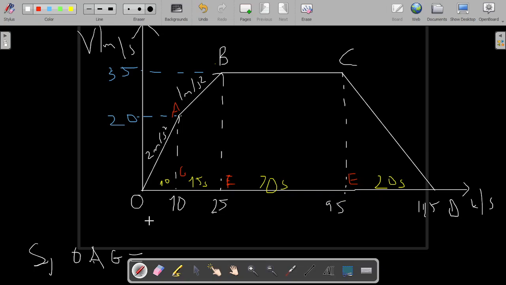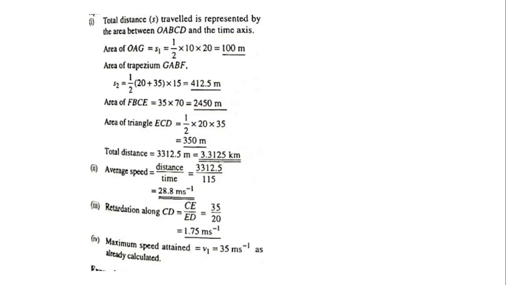You have 100 meters for the first one. For s2, which is AGFB, that's gotten here by making use of the area of a trapezoid. Looking at this one here, we have this.